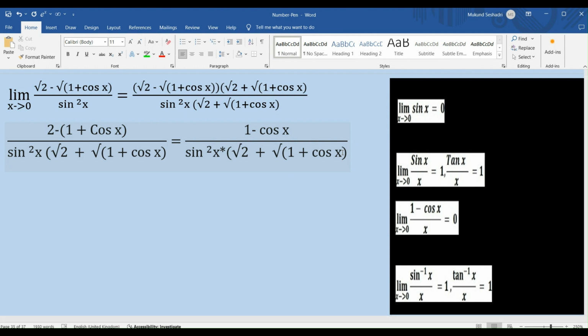Now I know that we have an opportunity to further simplify this, right? And how do I do it?